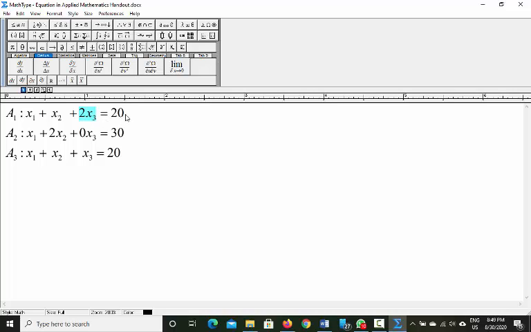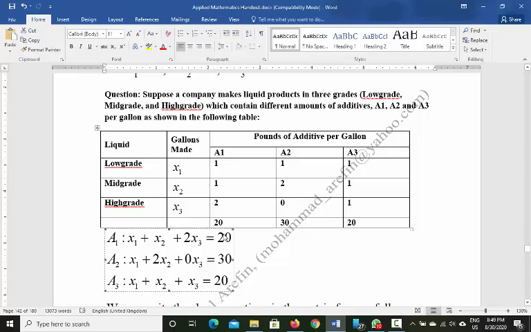So that means the total A1 liquid we have in hand is 20 pounds. Now let's move to the next one.